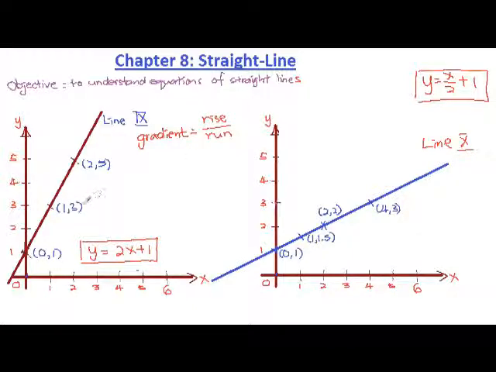And yes, you can pick any 2 points. For instance, I pick (1, 3) and (2, 5). So the rise is from 3 to 5, which is equals to 2 units, and the run is from 1 to 2, which is equals to 1 unit, and the gradient is equals to 2.